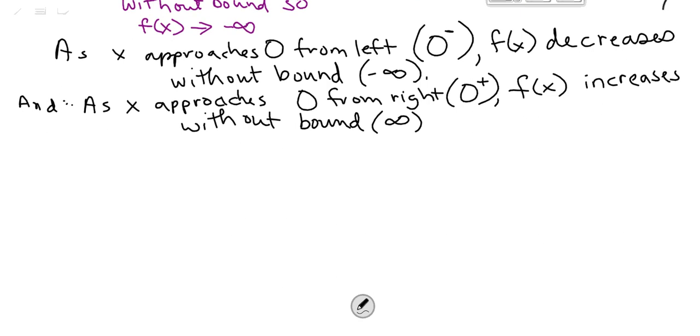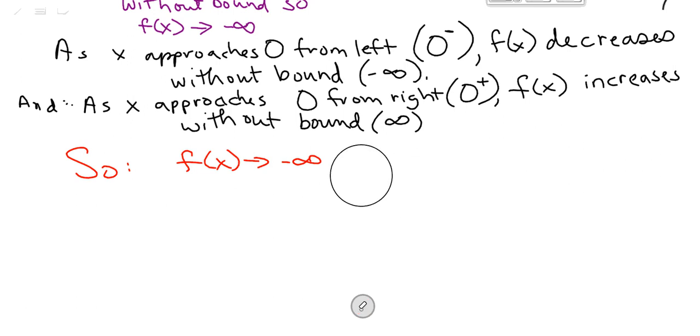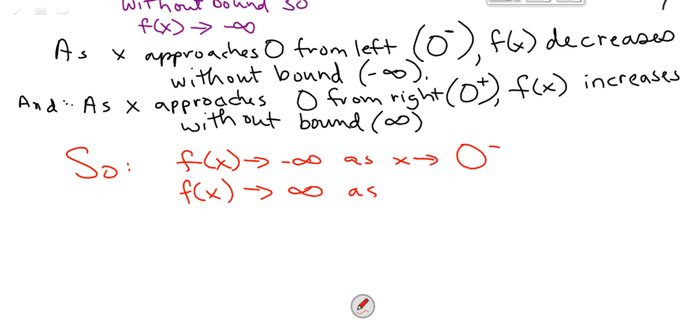Now, we want to say that a little more succinctly or with less words. So we can say it this way. f of x goes to negative infinity as x goes to 0 from the left, and we can say f of x goes to positive infinity as x goes to 0 from the right.